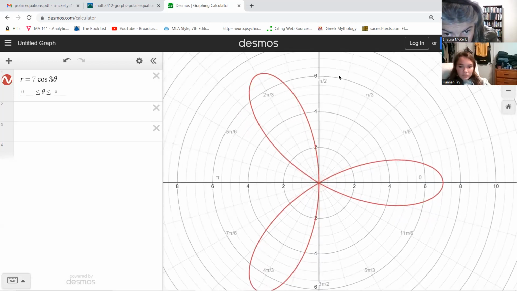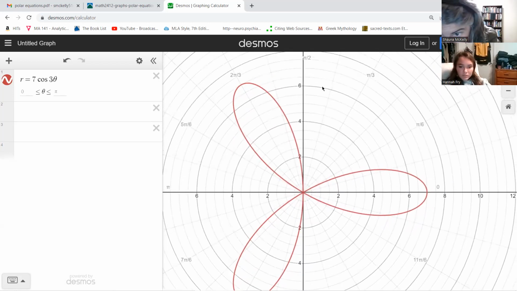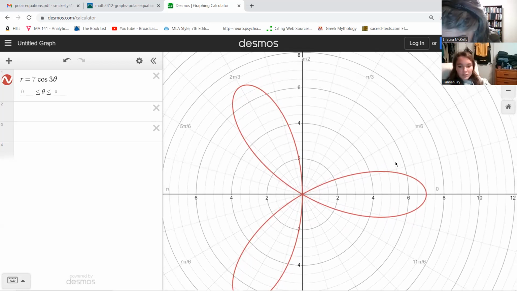I moved my curve around because my window's a little big, but here's 0, 30, 60, 90, and so forth. If you notice, 0 is on the polar axis right here.